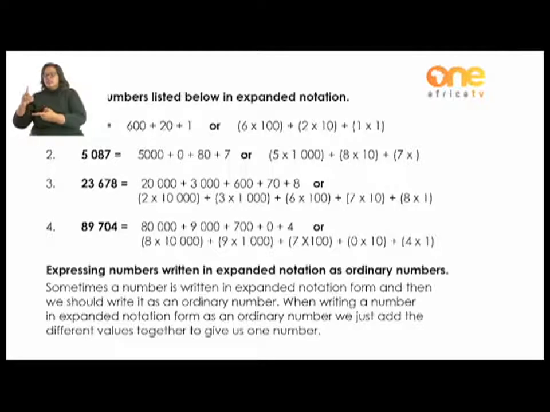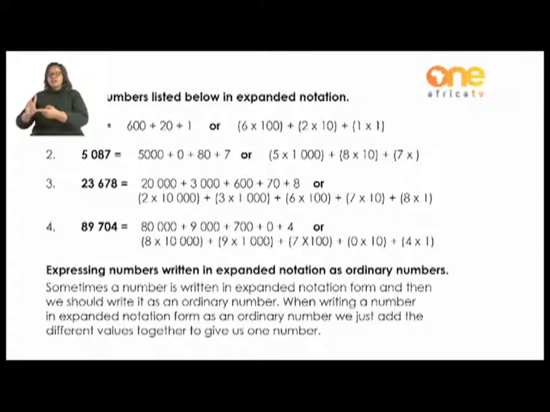89,704. It's quite a big number. If you write it in expanded notation, the 8, the value is 80,000 plus 9,000 plus 700 plus 0 plus 4.